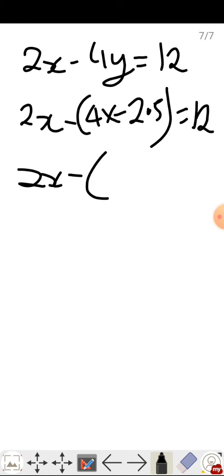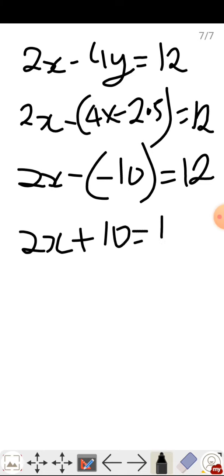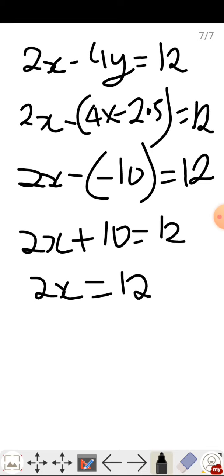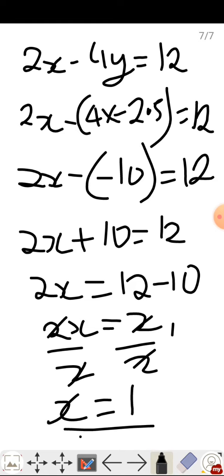Okay, so it's 2x minus 4 times minus 2.5 gives us minus 10 equals 12. Okay, so guys, negative and negative give us a positive, so it's 2x plus 10 equals 12. So 2x equals 12, 10 becomes negative. Okay, so it's 2x equals 2. Okay, so 2 divided by 2, you have 1, so your x is 1.